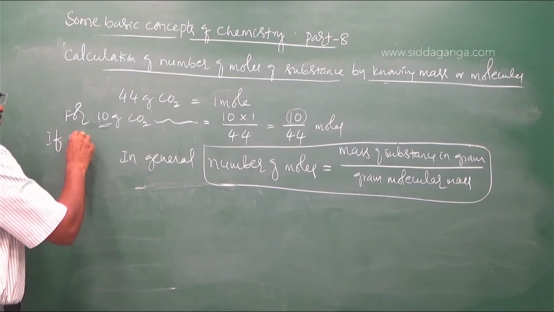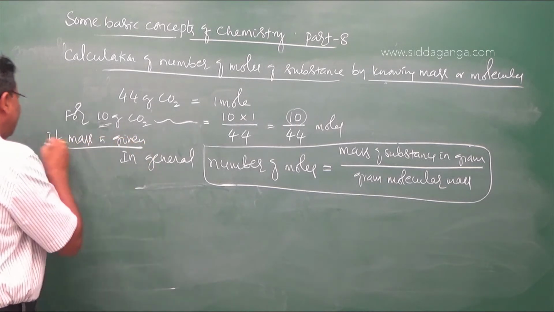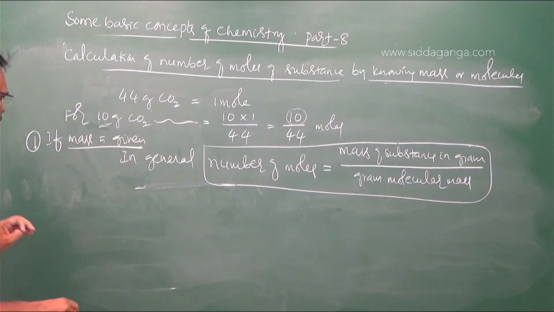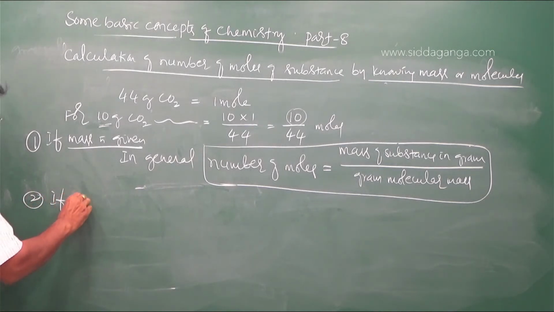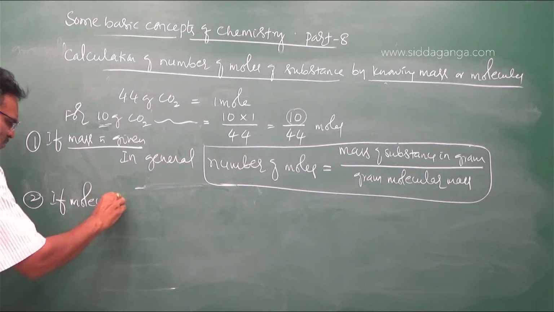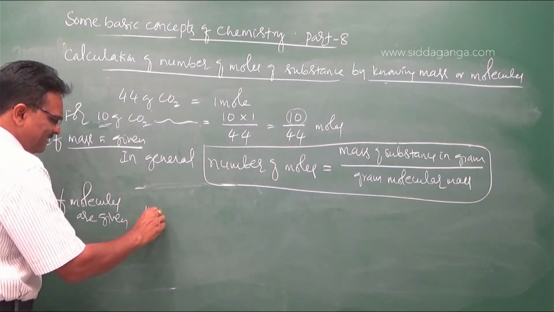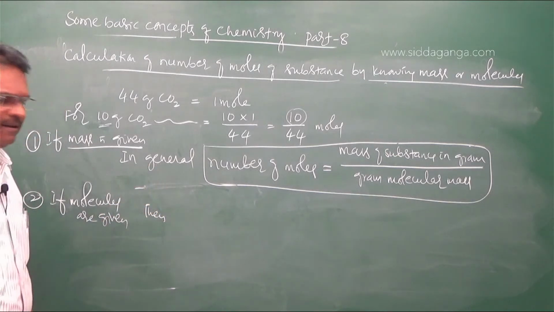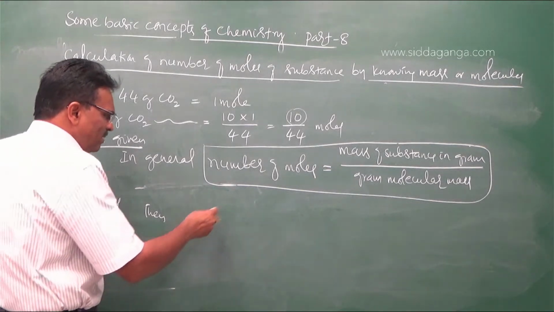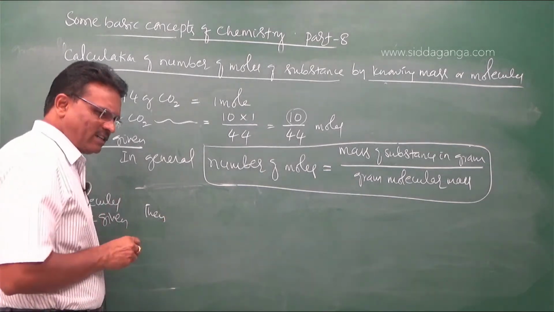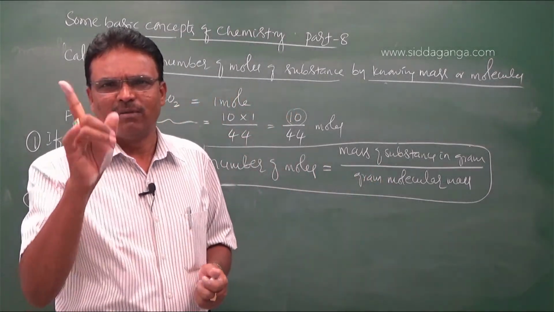Suppose if molecules are given, then number of moles is equal to, so we know that Avogadro number of molecules is nothing but 1 mole.